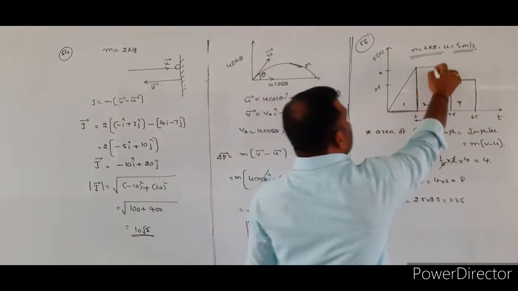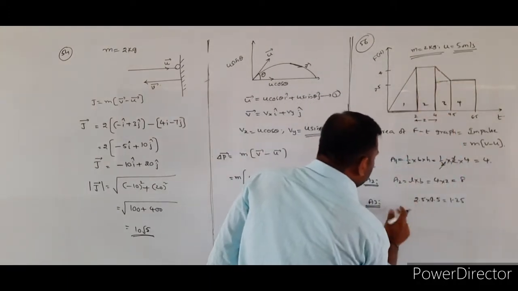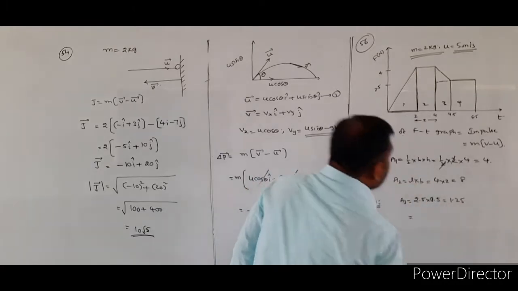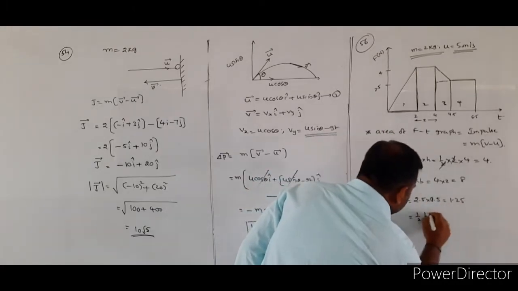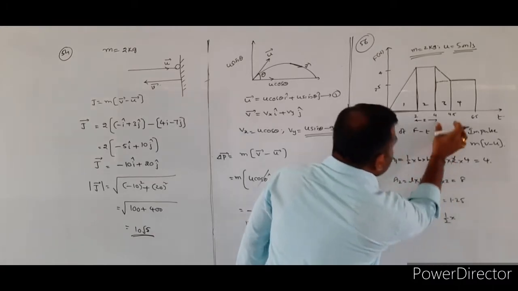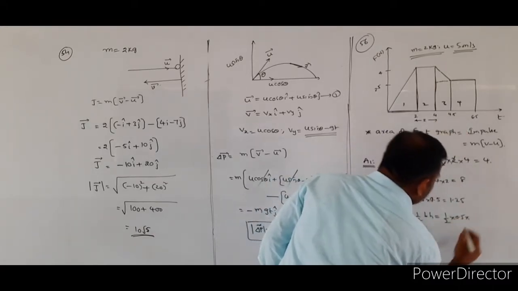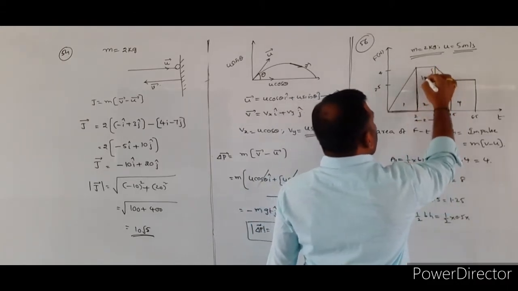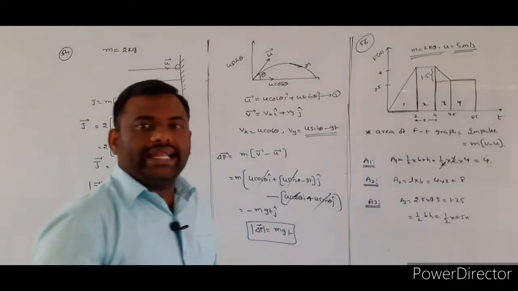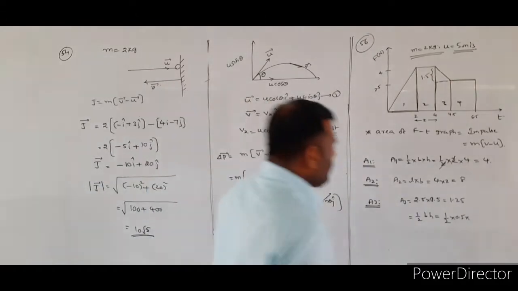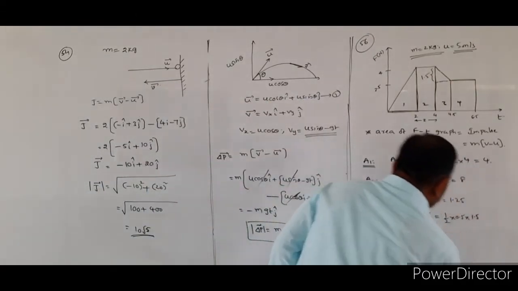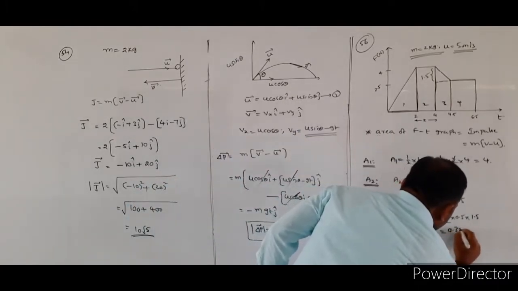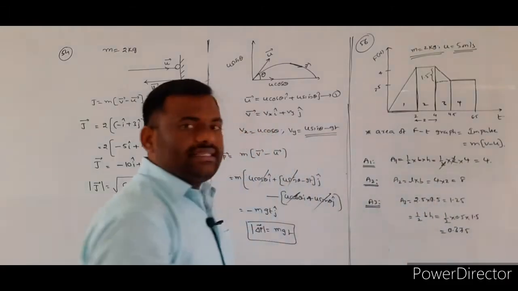Next, the area of the triangular portion is half into base into height. Half into base 0.5 and height 1.5. If you simplify, that value is 0.375.